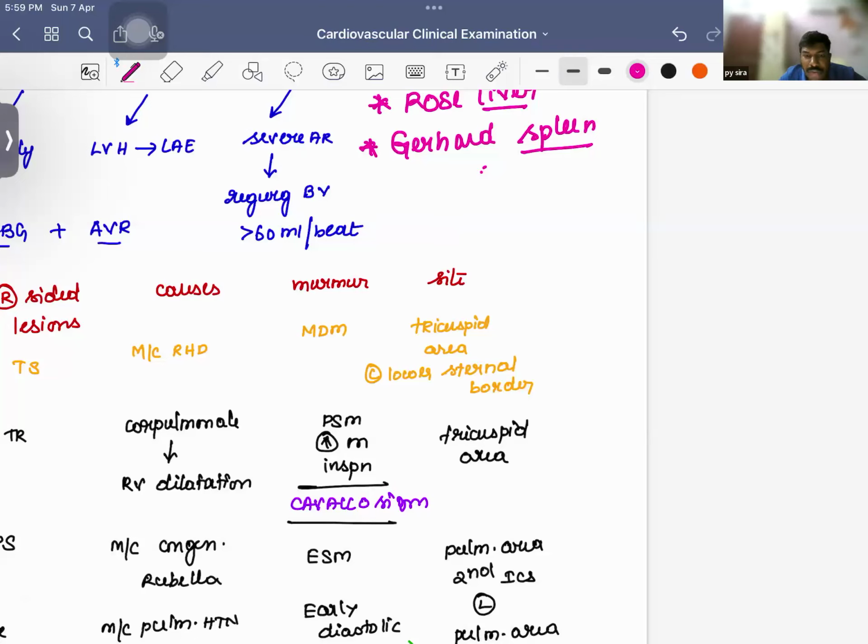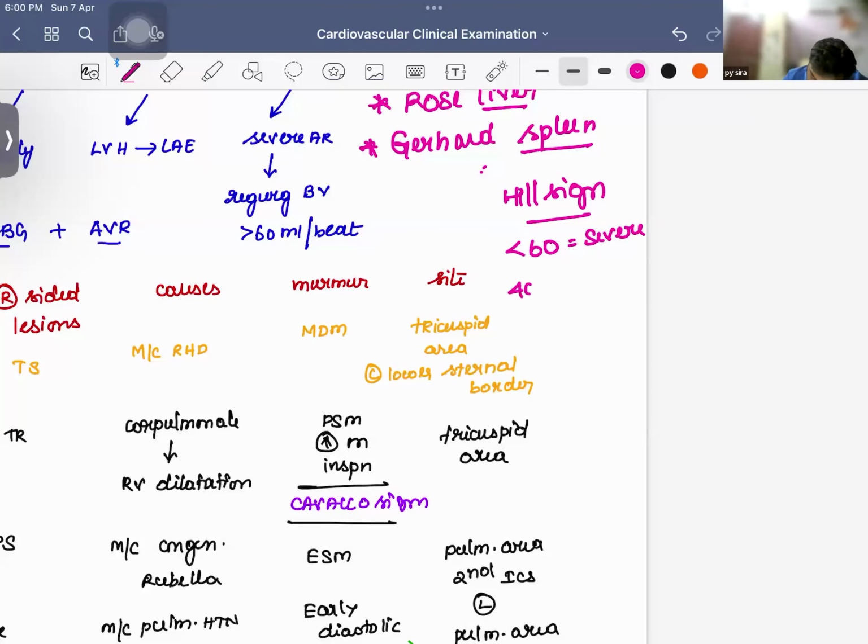How can we use it? Whenever a patient comes to you with aortic regurgitation, you check for the Hill sign and then grade it. Whether it is more than 60, we are going to see. If it is more than 60, it indicates severe aortic regurgitation.